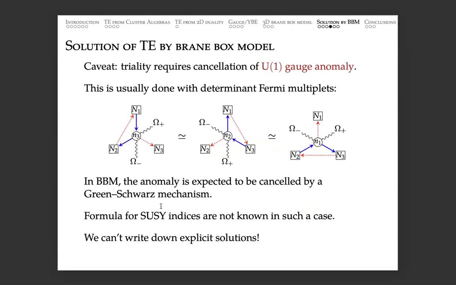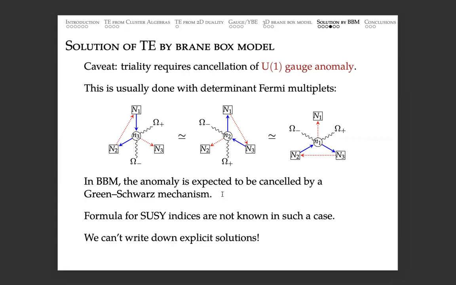The theories I described before using these quivers actually suffer from this U(1) gauge anomaly, and there is a way of canceling U(1) gauge anomalies by further introducing something called determinant fermion multiplets, or something called the generalized Green-Schwarz mechanism.